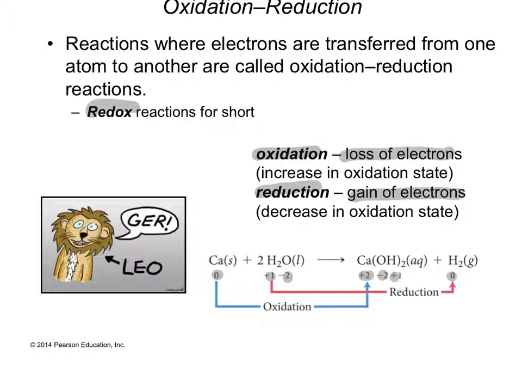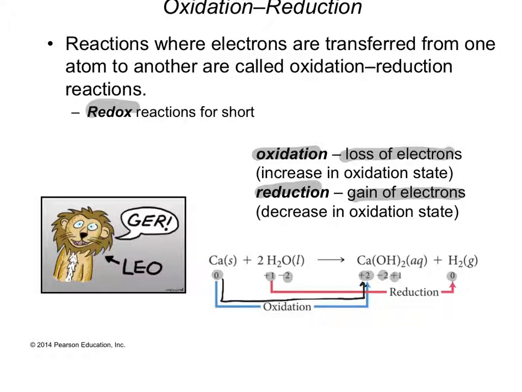But just looking at these changes in oxidation states, calcium goes from a 0 oxidation state to a +2 oxidation state. So to go from a 0 to a +2, what must happen to you? Because when you're +2, you have 2 more protons than electrons. So if normally you're 0 and you're neutral, and now you have way too many protons, you're not going to gain protons, by the way.